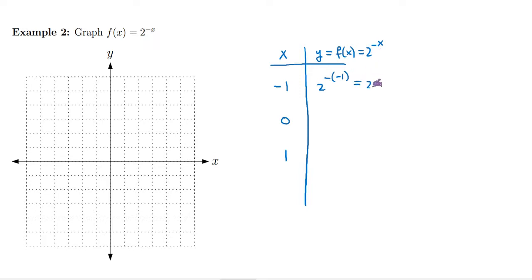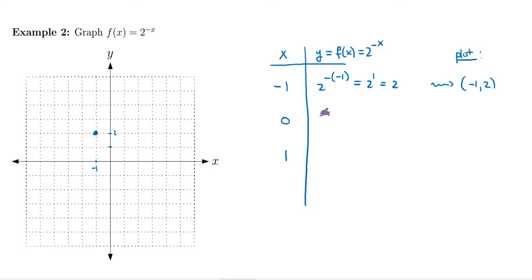And that's actually 2 to the 1, which is 2. So we have a point at negative 1, 2. So we'll plot the following points. If this is negative 1, and this is 2, negative 1, 2 would be about there.